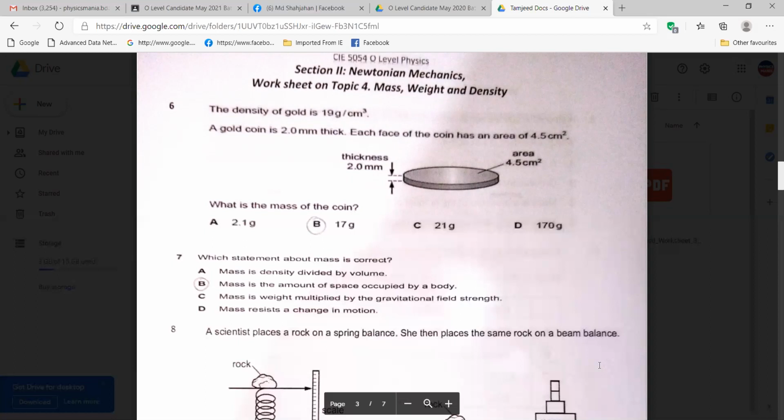Now think and tell me the correct answer. D. Dhaka. Yes. Mass resists a change in motion.